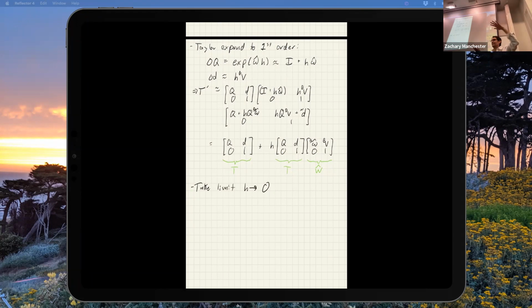Everyone get that? So let me write that down explicitly. T prime minus T over H is going to be T dot, and that is the stuff that's left. So that's just T W hat.